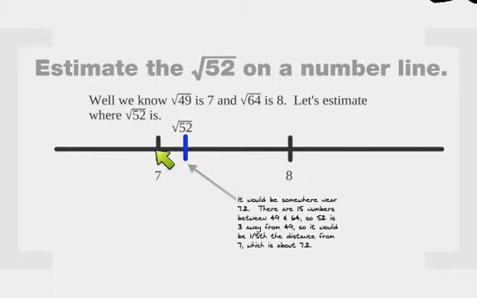And the total distance from 49 to 64 is 15, so there are 15 numbers in between. Well, there's 3 numbers here, and then 3 more, 3 more, 3 more. So it's about a fifth of the distance away from 7. So it's going to be about 7.2.